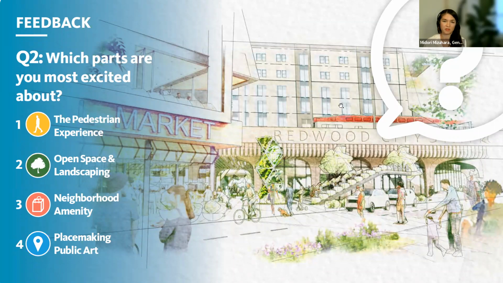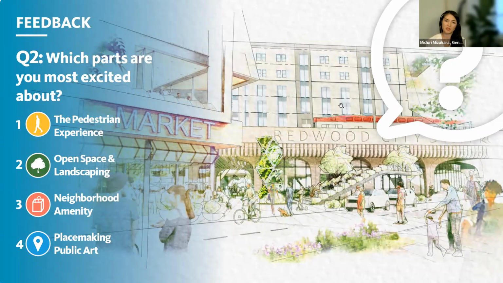And really interesting what we're seeing here. So it looks like a resounding improving the pedestrian experience, improving pedestrian safety, that was most important to 55% of you. So that's by far the winner here. And then half of that amount said open space and landscaping was the most important key element here.